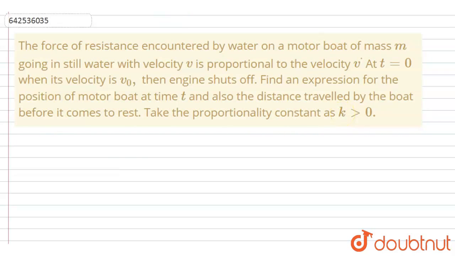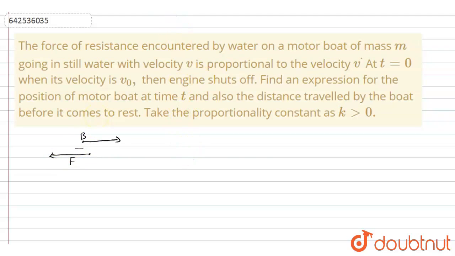Now let's move to the answer. For the boat going in this direction, and water, the force is in the opposite direction.